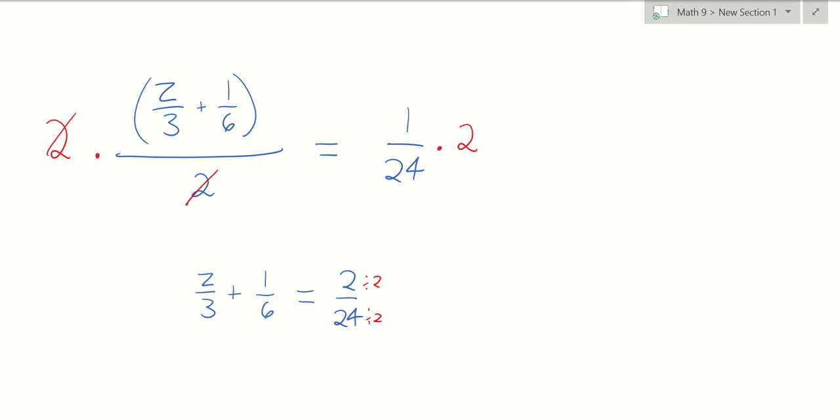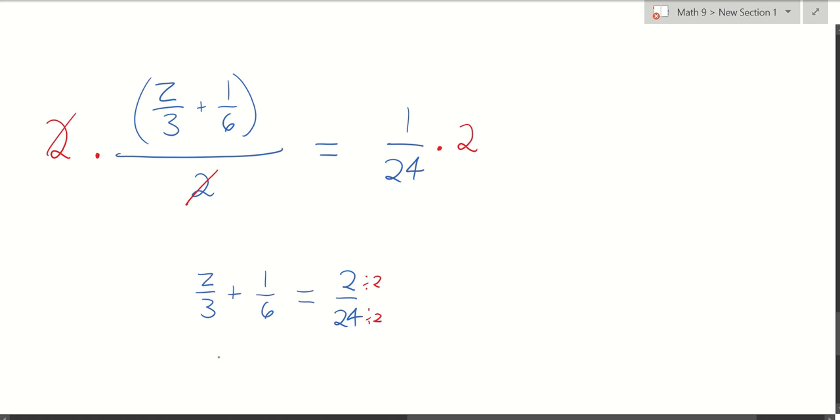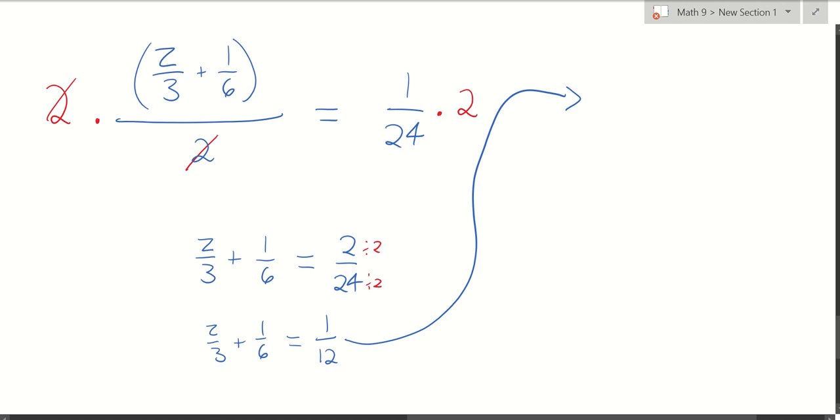When we do that, then we have z over 3 plus a sixth equals 2 divided by 2 is 1. That's our numerator now. 24 divided by 2 is 12. So now we have z over 3 plus a sixth equals a 12th.